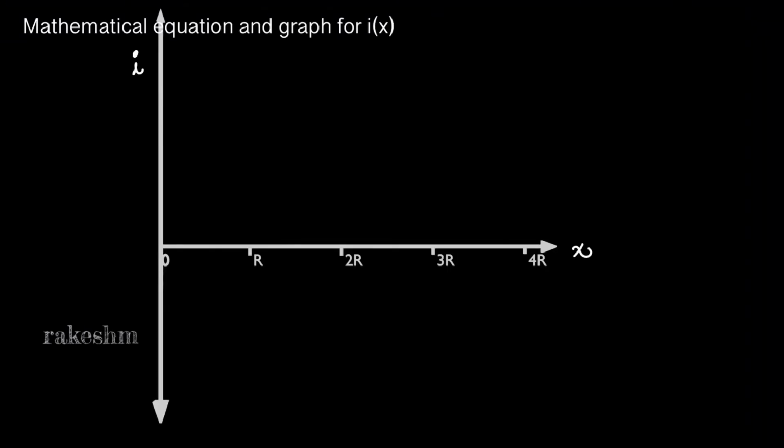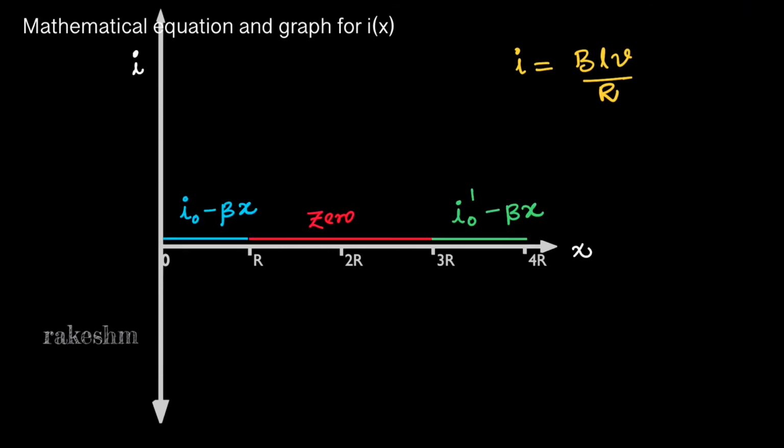Next, let us look at the mathematical equation and graph for I as a function of x. As we have discussed that current equals B into L into v by R, we can say that the profile for the current will be similar to that of the velocity. So from 0 to R, we will have I0 minus beta x, where beta is some constant.